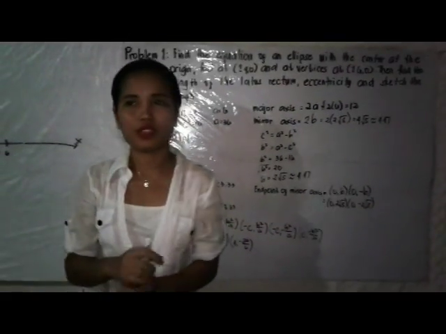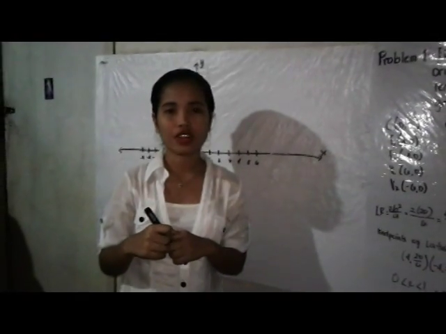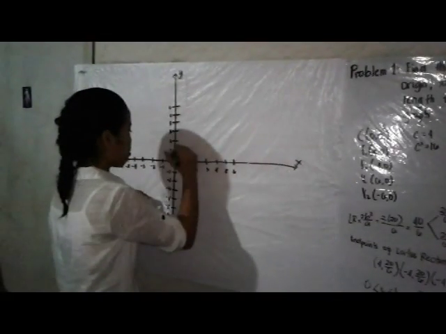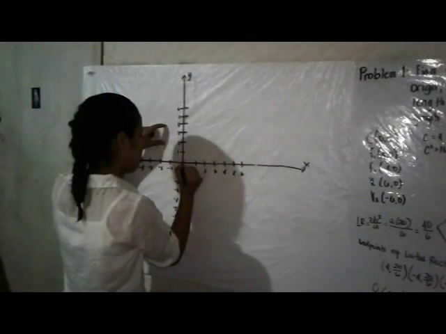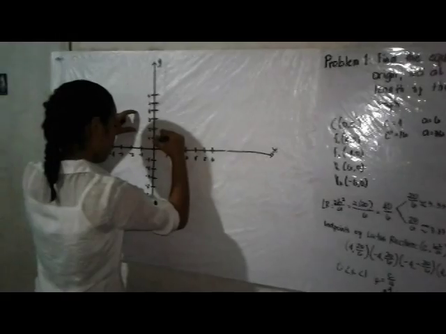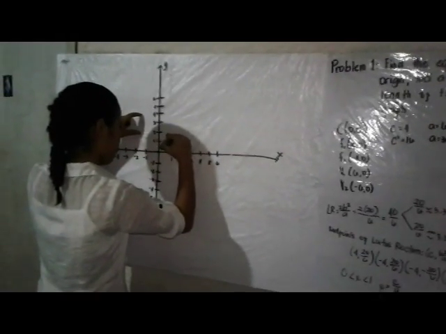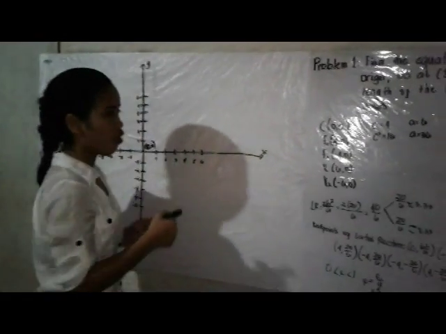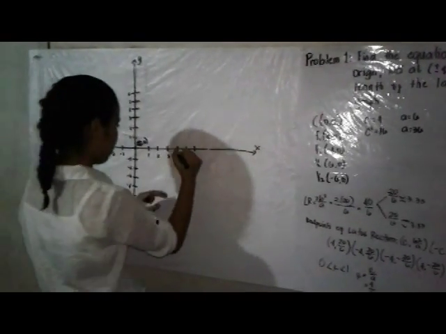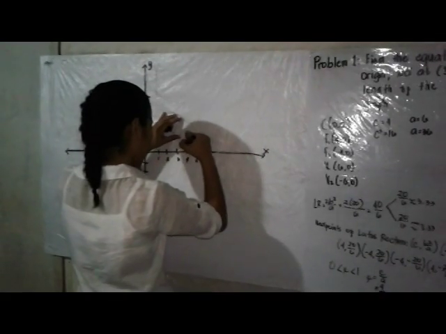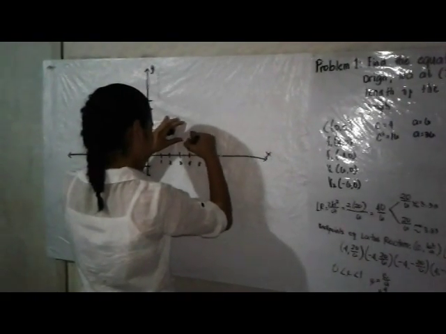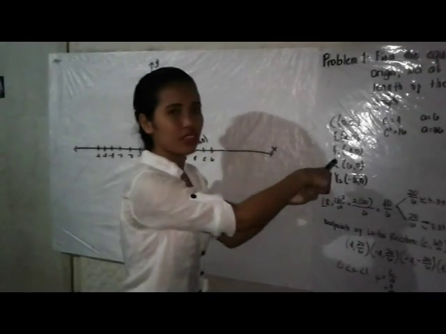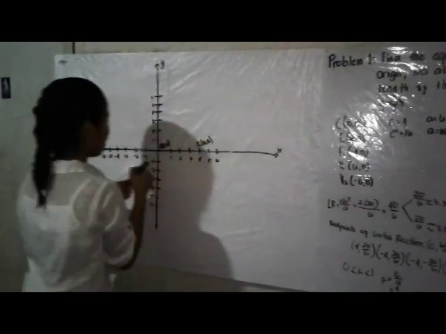And now let us proceed by sketching our graph. First, we have to locate our center, which is 0, 0. So this is our center. The second is our foci: focus 1 is positive 4, 0, and focus 2 is negative 4, 0.